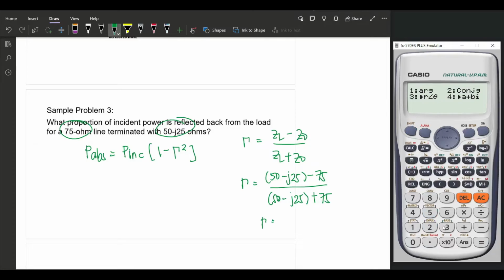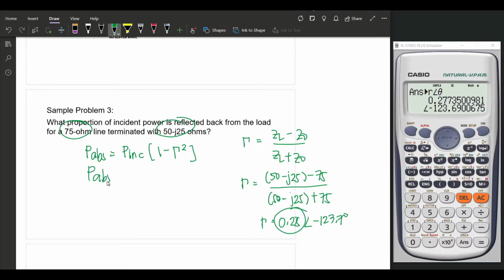So, gawin lang natin siyang phasor. So, 0.28, tapos may angle na negative 123.7 degrees. Actually, ang kailangan lang naman natin dyan is itong kanyang magnitude, which is 0.28, to solve for the proportion.